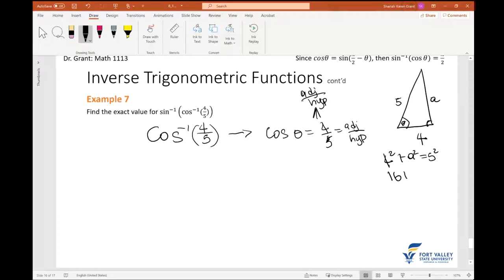So 4 times 4 is 16 plus a squared equals 25. Subtract 16 from both sides, so a squared equals 9. Take the square root.